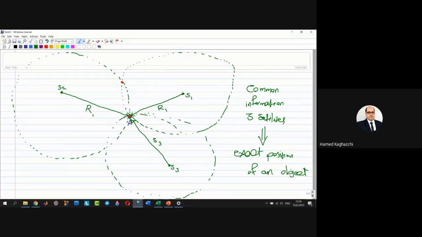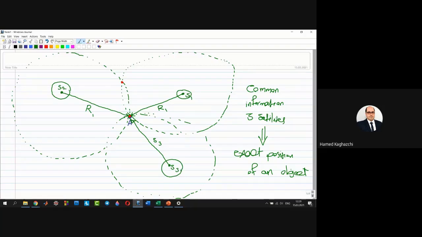For example, I received a latitude, longitude, and altitude from this satellite, and I also receive this information from this satellite and this satellite.